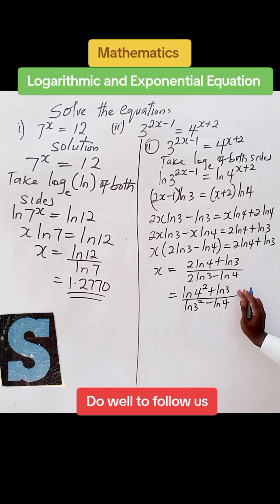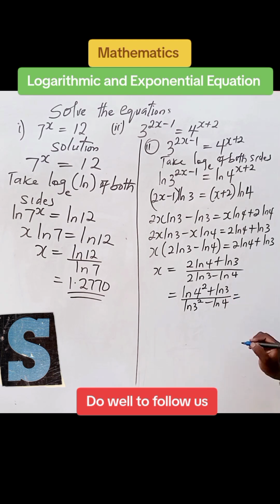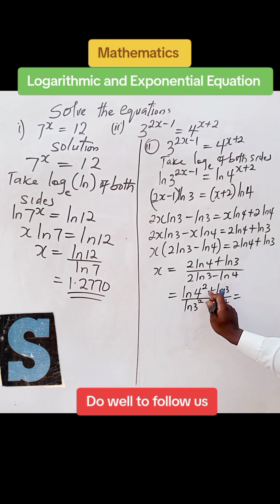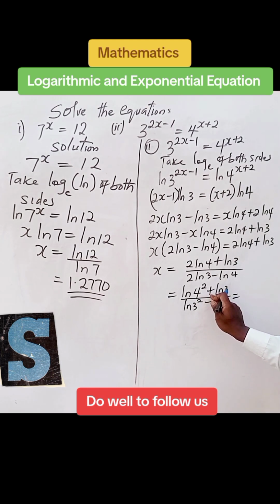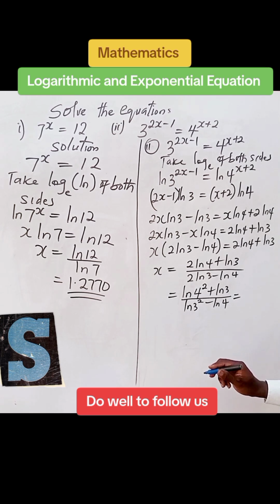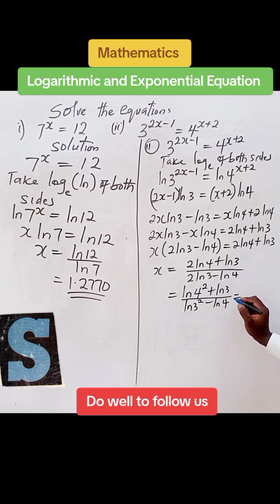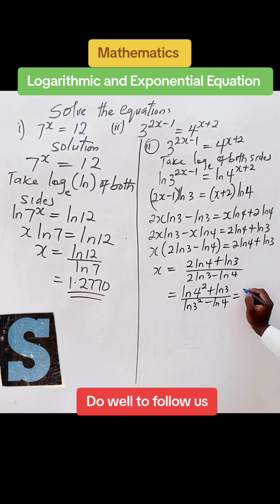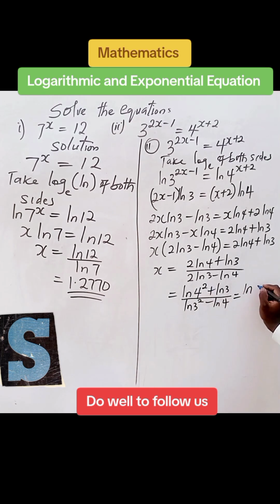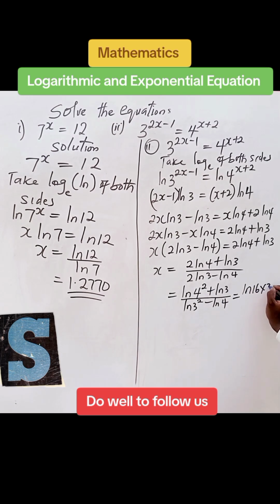Alright, so let me use here so that the board will be enough. Equal to, so here now, this addition, to change it to multiplication, following the product property of logs. So we have ln 4 squared is what? 16. So I have 16 times 3. Here we have 9.